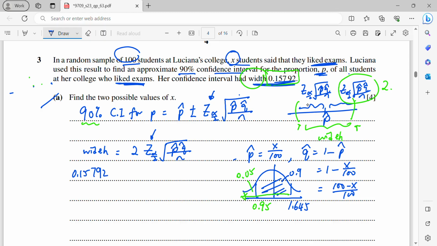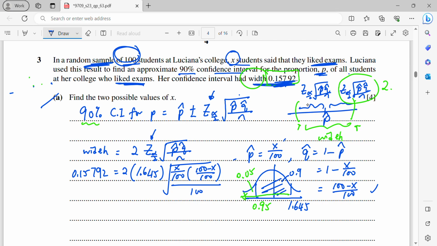Okay, so from here I will just replace all the values, which means you are getting 0.15792, which is a given width in the question, equals to 2 times 1.645, then square root of P hat is X over 100, then the Q hat is 100 minus X over 100. Then divided by the N is 100 students because it's a random sample size.